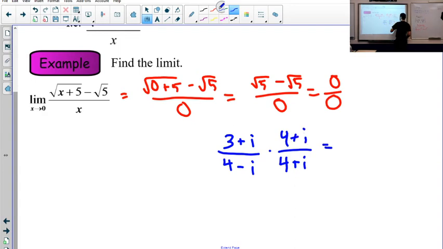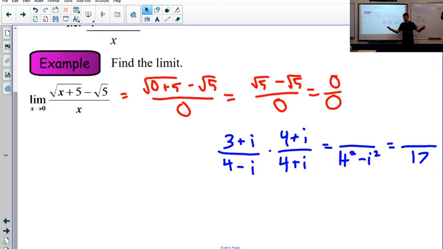And when we do that, we get this nice difference of squares on the bottom. 4 minus i times 4 plus i is 4 squared minus i squared, which, i squared is negative 1, so 4 squared is 16 minus a negative 1 is 17 on the bottom. And then we could multiply and expand this out and then simplify the i squared stuff and whatever. This is in Algebra 2.